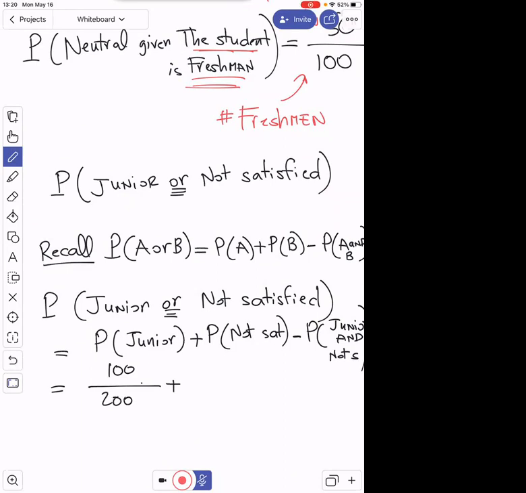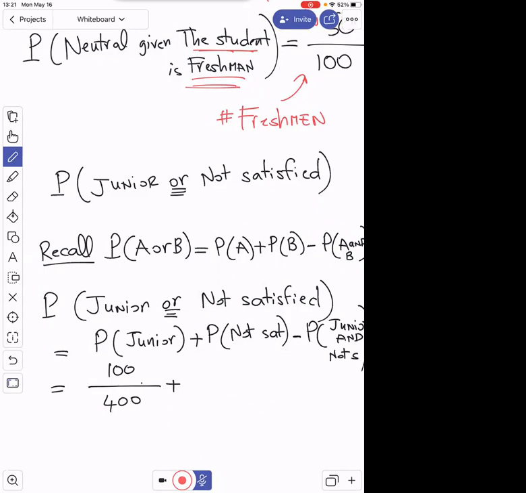Not satisfied. So how many not satisfied in total? We have 200. Sorry, total number of students. It's a survey of, it should be 400. The total number of students is 400. I guess that's a typo. The total number of students is actually 400, not 200. Sorry about that.